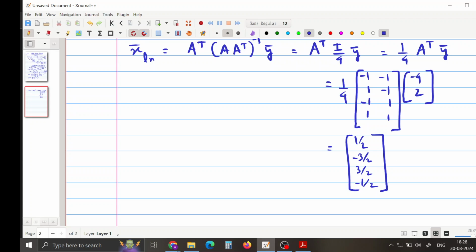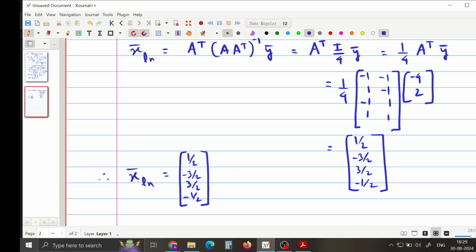So this is your least norm solution, and why it is known as least norm is because it takes the norm of the distance and minimizes it. That y bar minus A x bar, that norm squared is minimized.